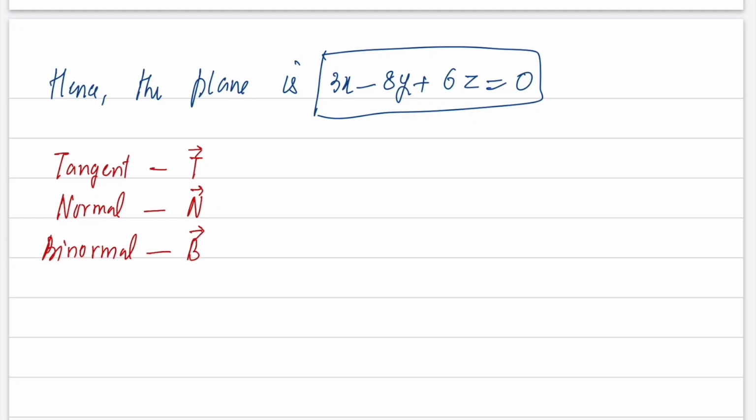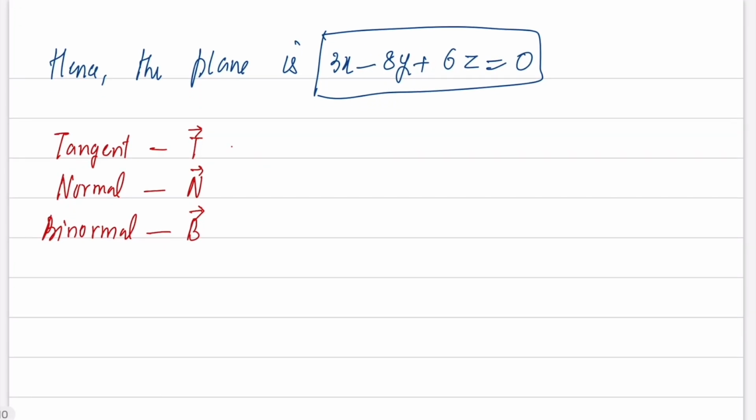So we have these three vectors t, n, and b. Now the unit vectors corresponding to these three we can call small t, the unit vector in the direction of the tangent, then the normal n, and the binormal b. We can treat these three like the three coordinate axes x, y, z.